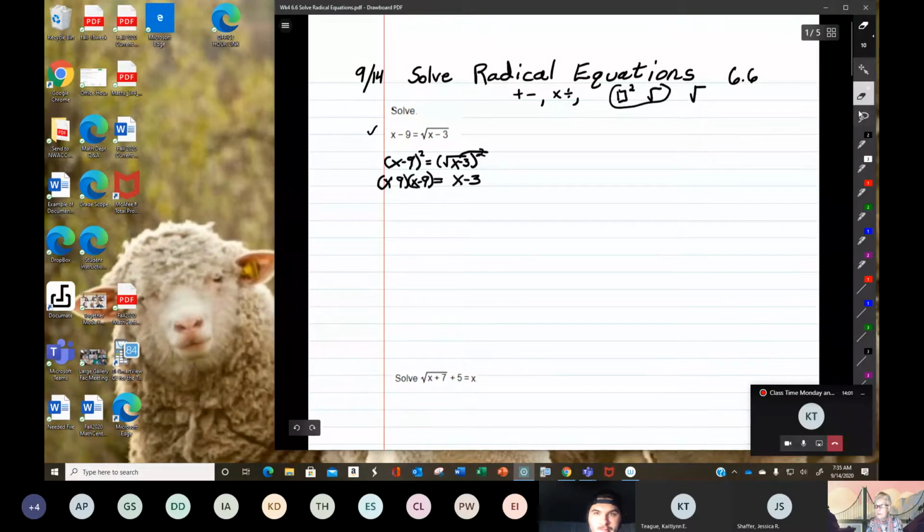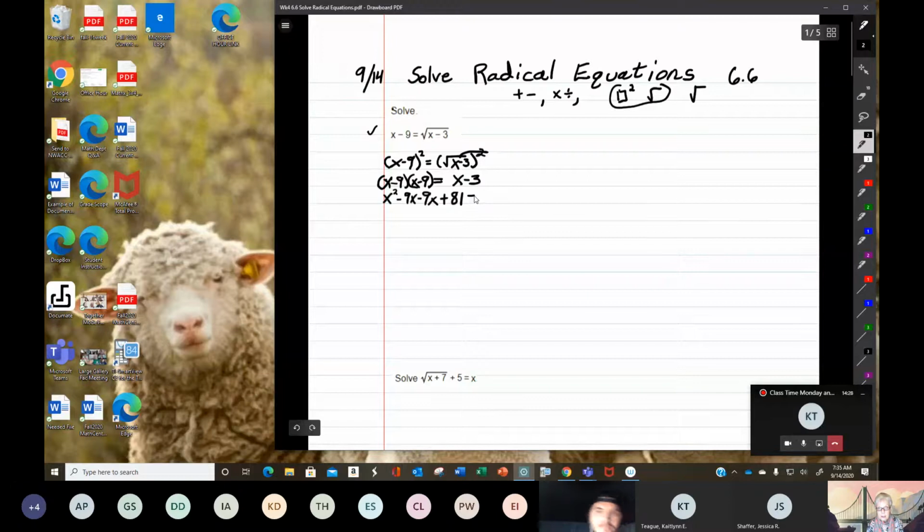Or you FOIL if you know how to FOIL, because it gives you the same thing. Okay, so I will have x squared minus 9x minus 9x. And then I've got negative 9 times negative 9, that's positive 81.